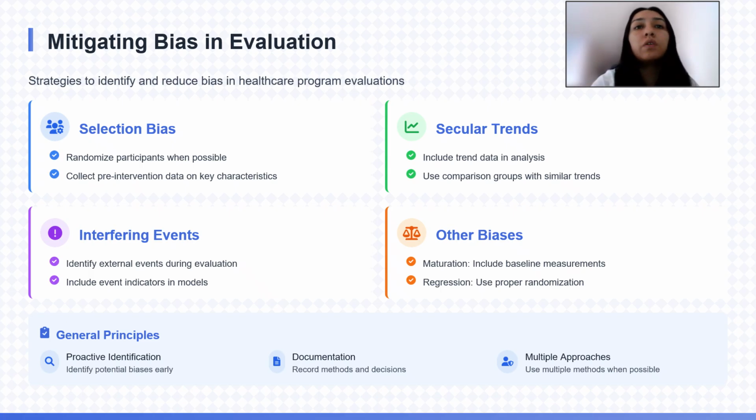For interfering events, it's important to identify and control for external events like pandemics or policy changes. And for maturation and regression, you can use baseline measurements and proper randomization. So the goal is to spot potential biases early, document them, and use multiple methods to correct them.